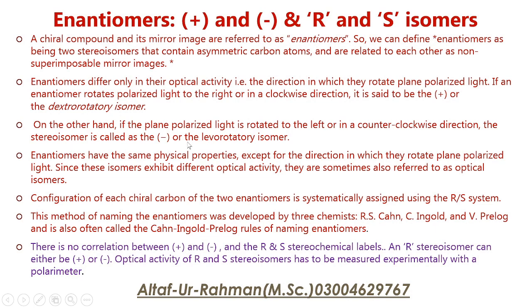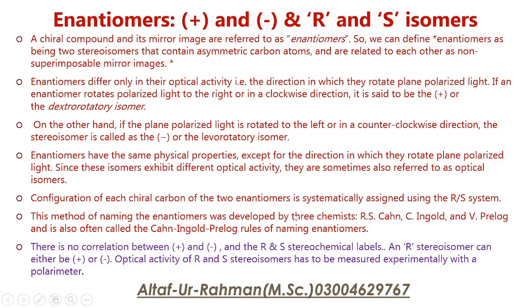On the other hand, if the plane polarized light is rotated to the left, counterclockwise, the stereoisomer is called minus or levorotatory. Enantiomers have the same physical properties except for the direction in which they rotate plane polarized light. Since the isomers have different optical activity, they are sometimes also referred to as optical isomers.